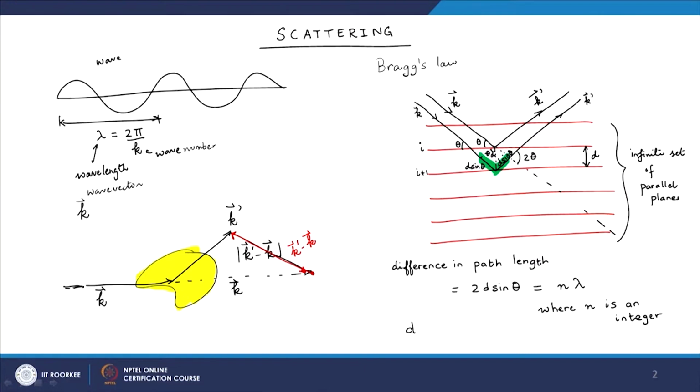So, now what this means is I can get, simply, lambda by 2 sin theta, this is the distance between two planes.